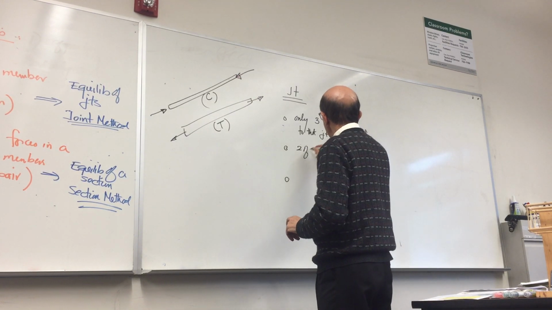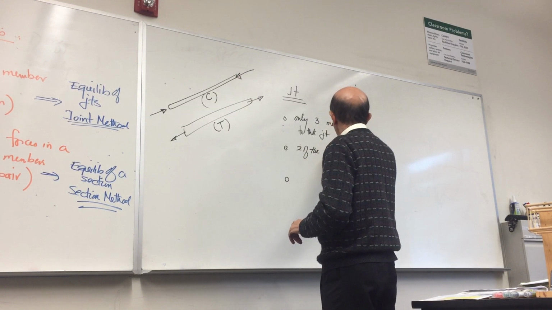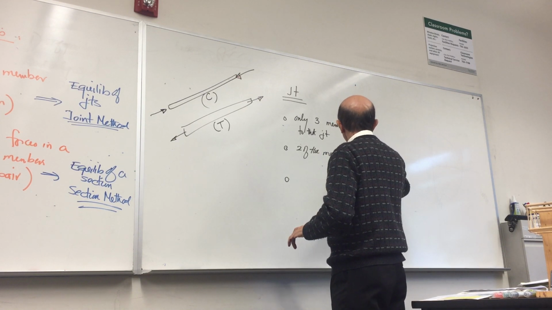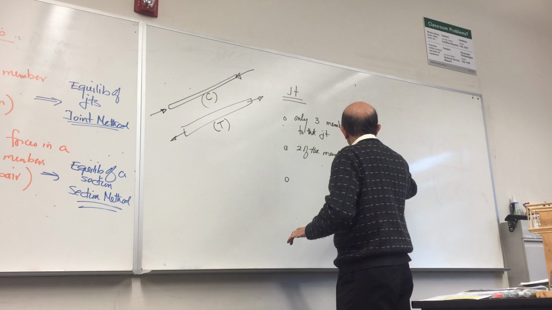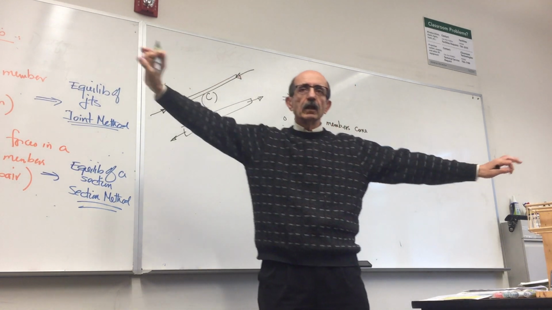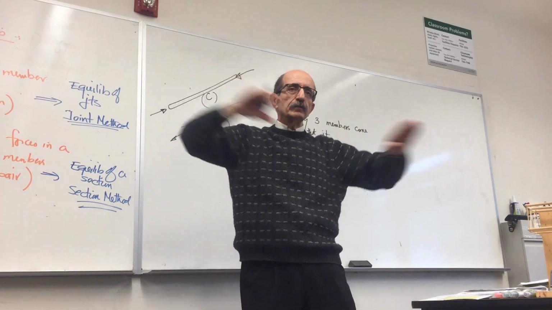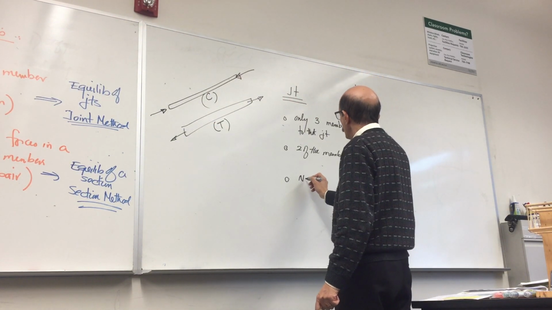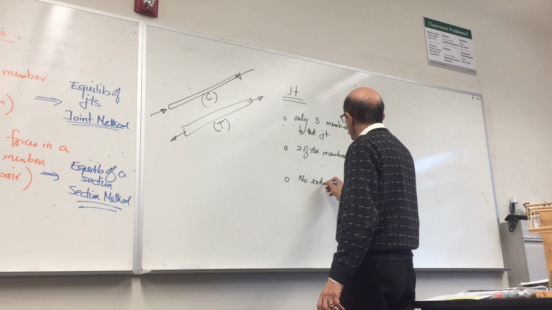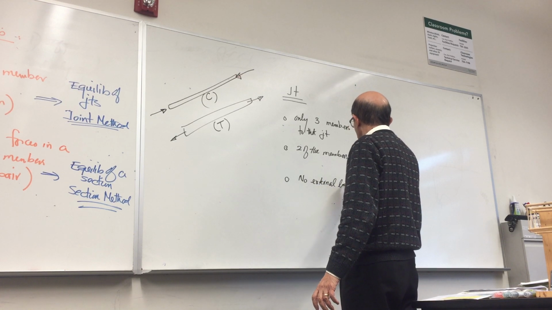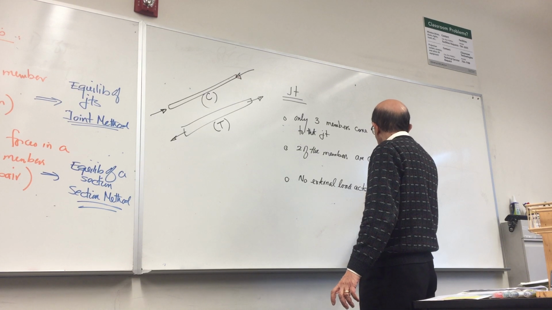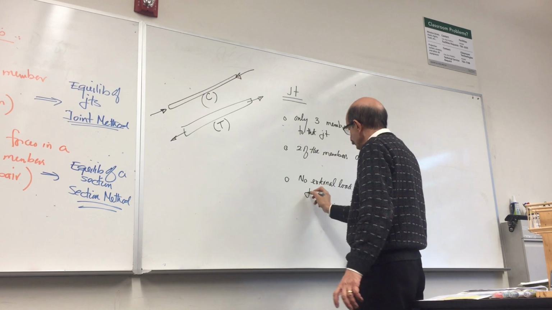Two of those members are collinear. That is, somehow they lie along each other in the same line of action. And no external load acts at that joint.